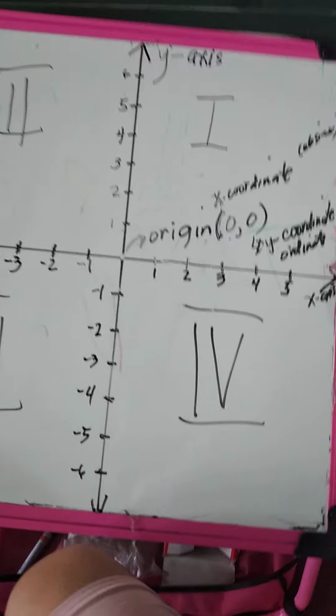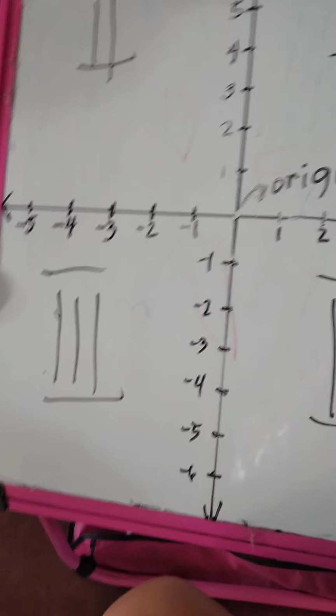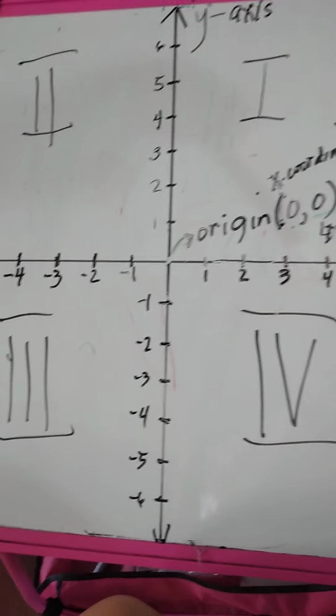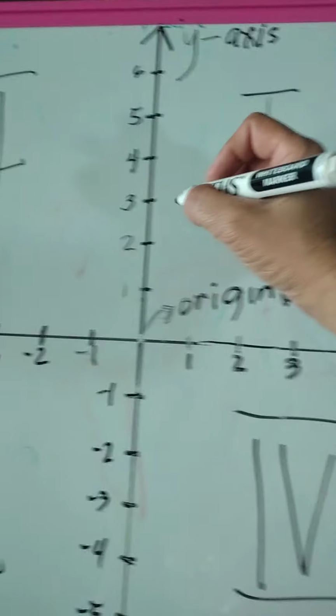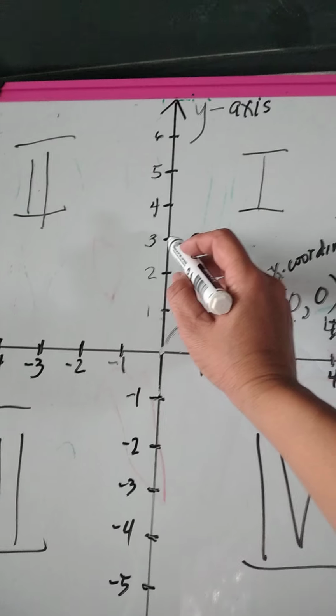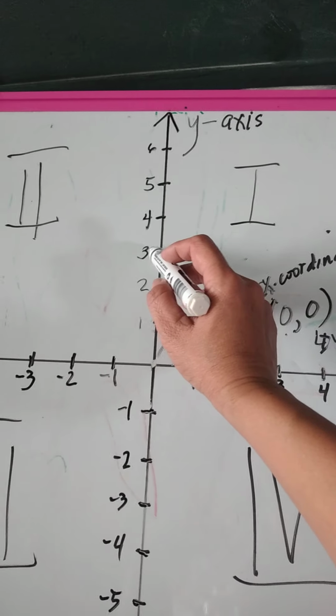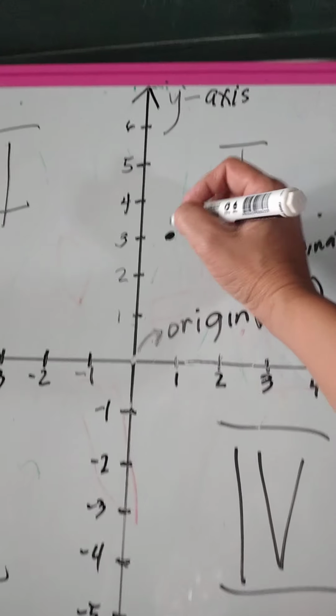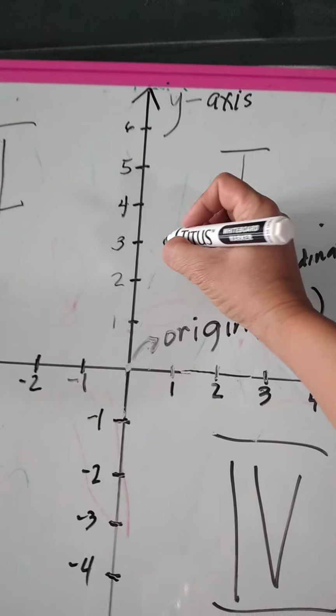So the points here in the first quadrant, all the points, say I will mark a point. Okay, hold on. Okay, say I'll choose a point here. Alright? So that point, if I align it, the y is 3, the x is 1. Alright?